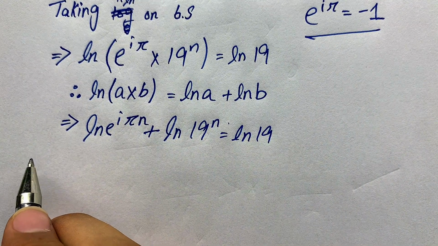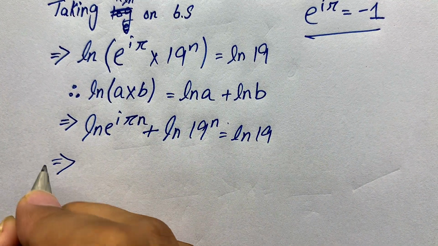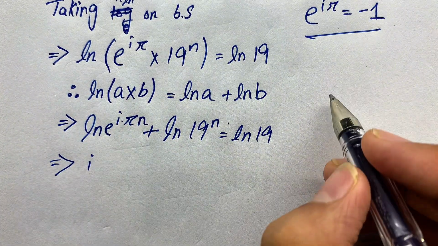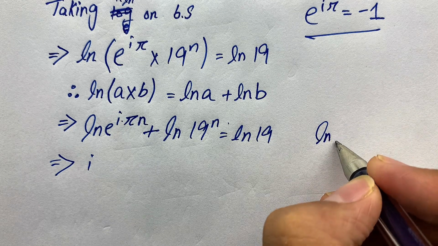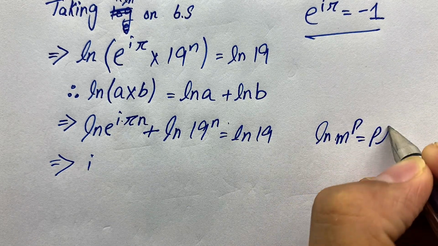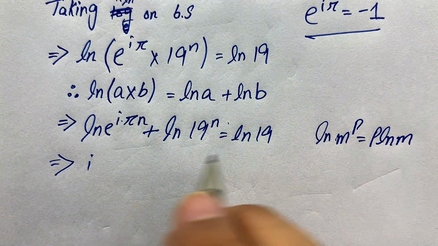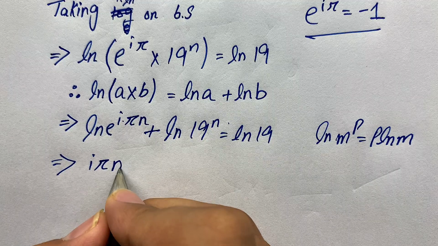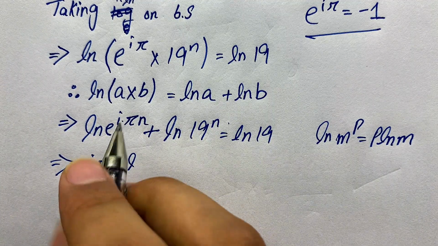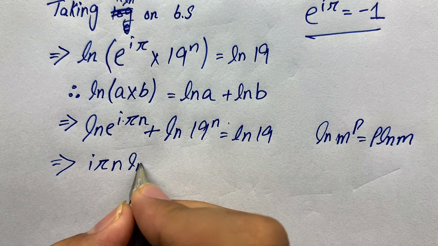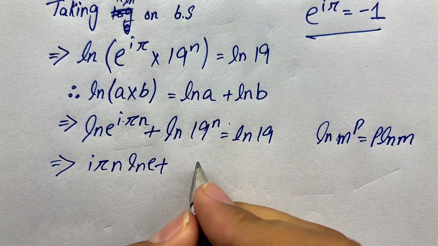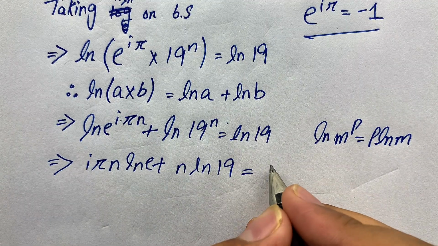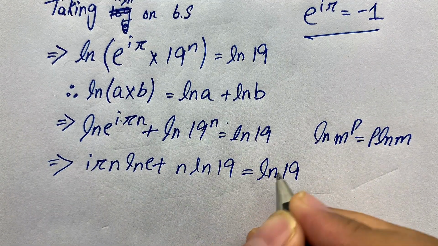So in the next step, according to this formula, ln m^p is equal to p ln m, so iπn ln e plus n ln 19 is equal to ln 19.